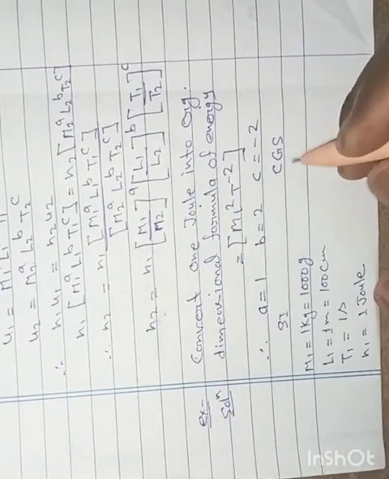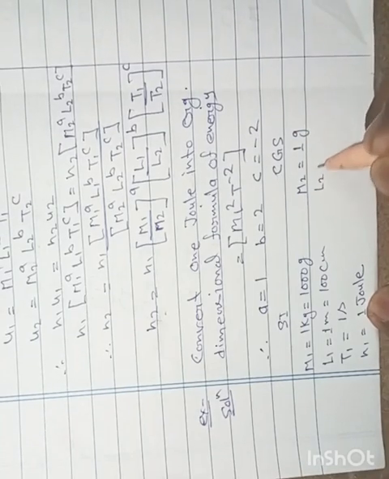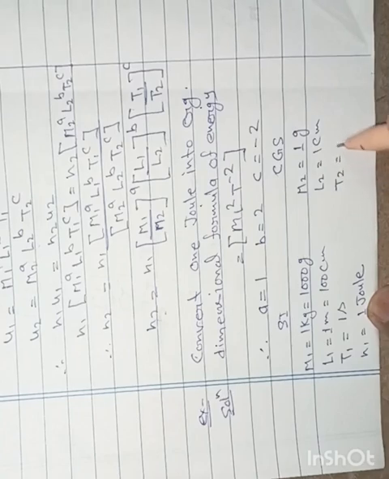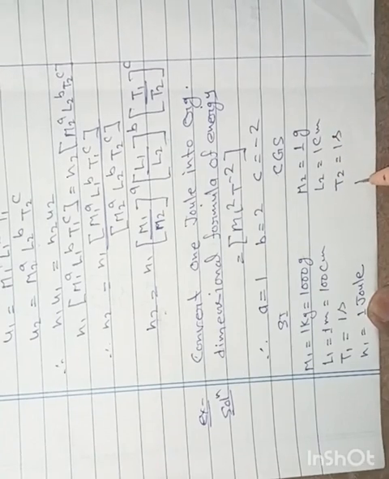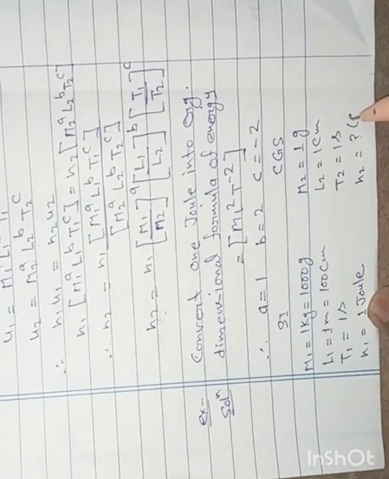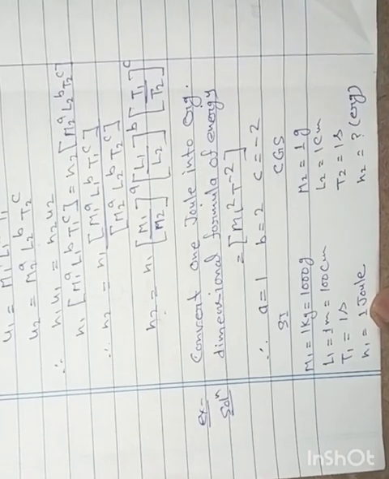Okay, in CGS system we know that M2 is equal to 1 gram, L2 is equal to 1 centimeter, and T2 is equal to 1 second, and N2 we have to find out, and that is in erg. It's clear?